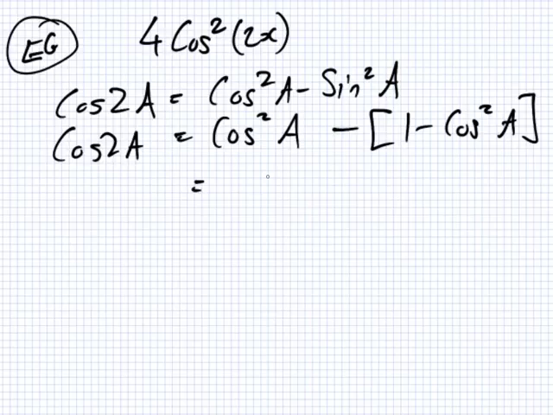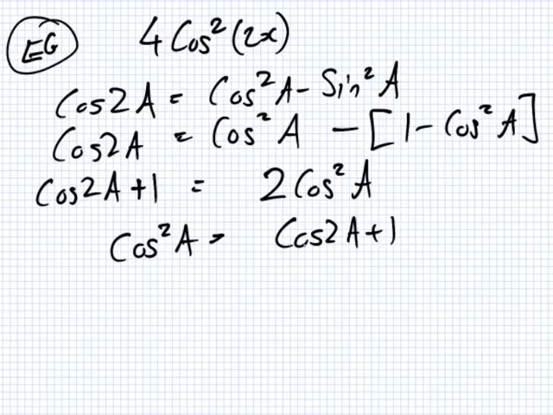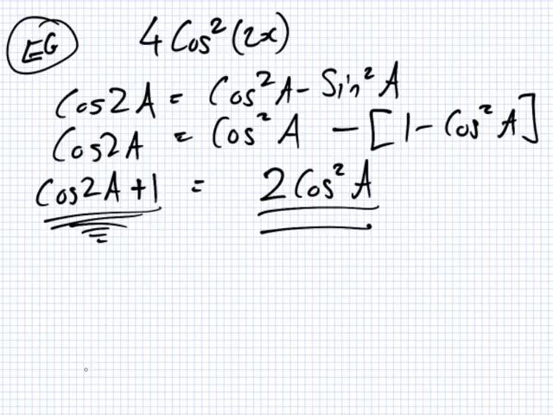So you can say here that 2 cos squared a equals cos 2a plus 1. Actually, I don't need to divide by 2. I can just leave it like that. So you have 2 cos squared a is equal to cos 2a plus 1.